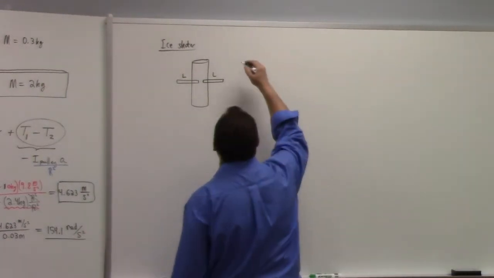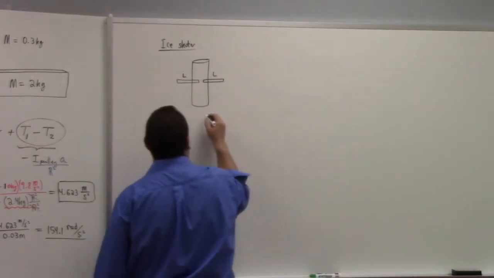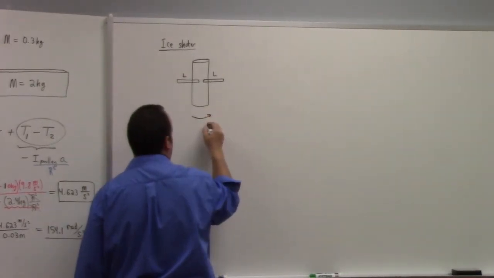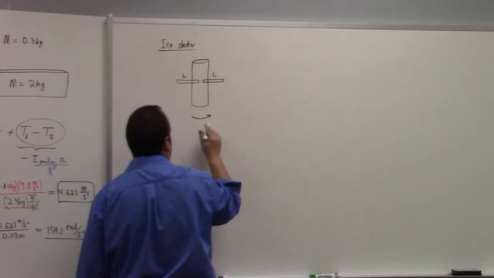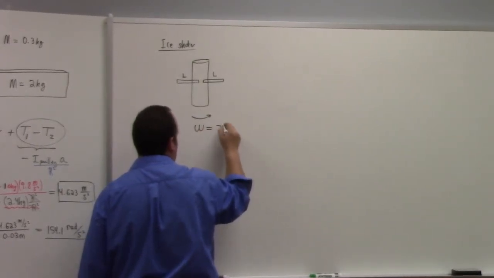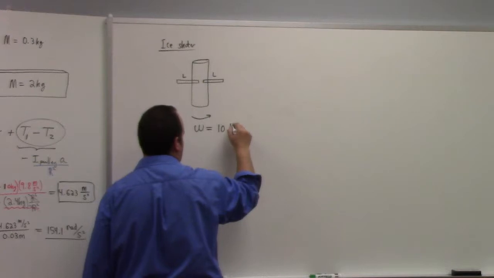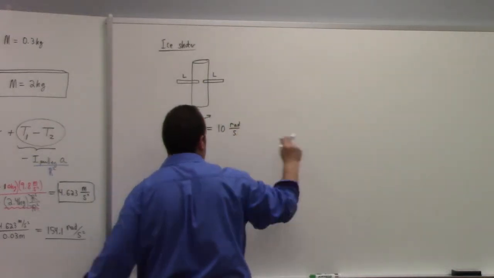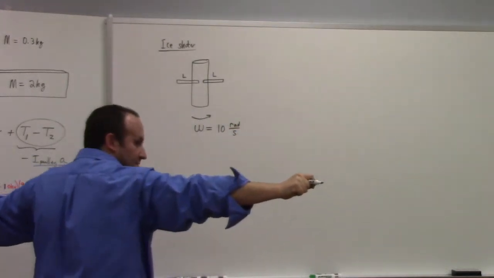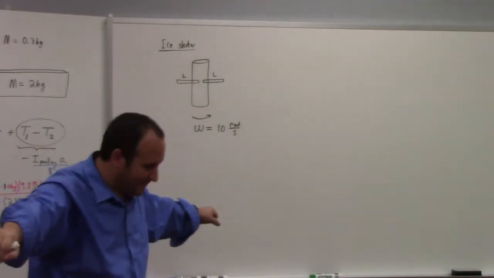So this is a crude model of an ice skater, and suppose that this is the initial angular velocity, omega. Suppose they're originally rotating at 10 radians per second with their arms outstretched, like so.